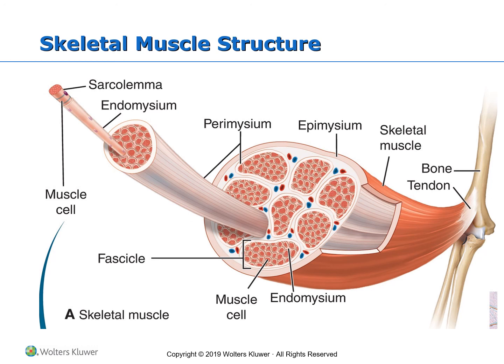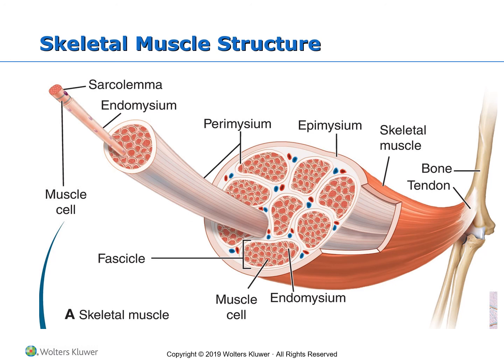That will send septums inside, separating the muscle into fascicles, and each fascicle is contained in a perimysium layer, and you can see that in between those fascicles we have arterioles and venules that will support the muscle with oxygen and nutrients. The perimysium will send septums, or separating walls, inside each fascicle, separating each cell and encasing each muscle cell with what is called endomysium.